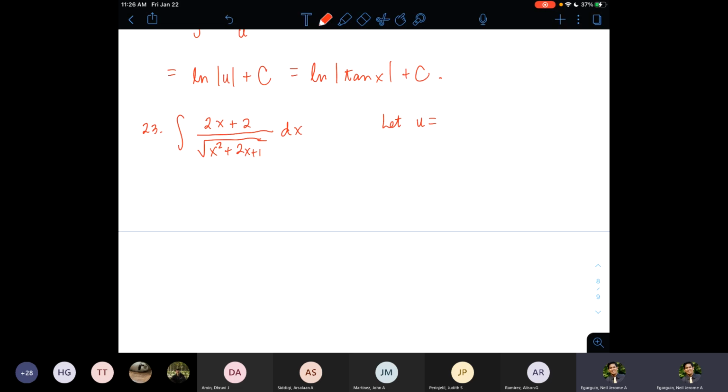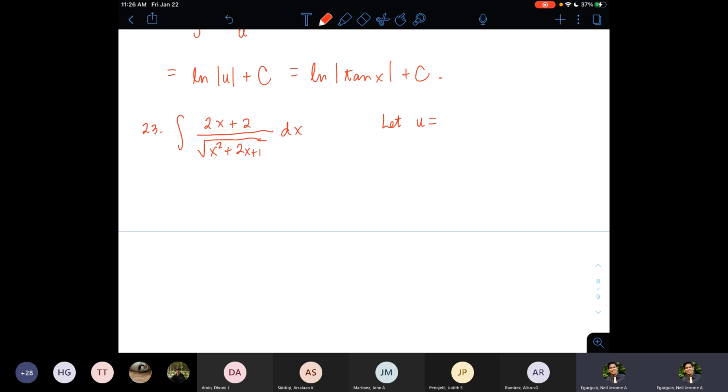But I'm quite allergic to letting u be equal to something that involves the square root, because it entails a complicated derivative. So as much as possible, I'm going to avoid doing that unless it is necessary. That will be my last resort.